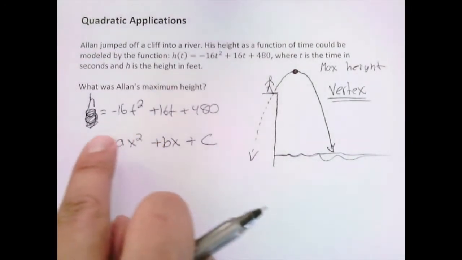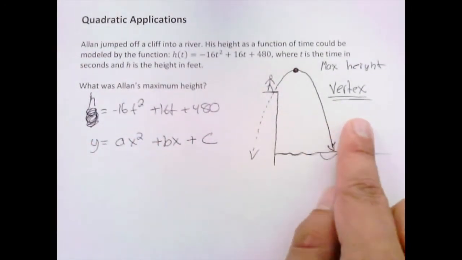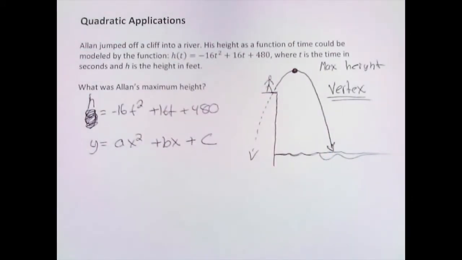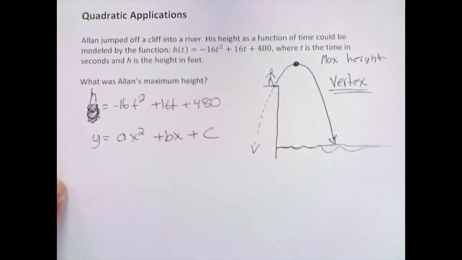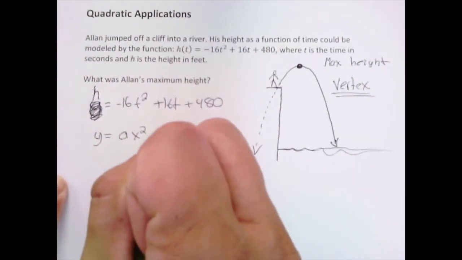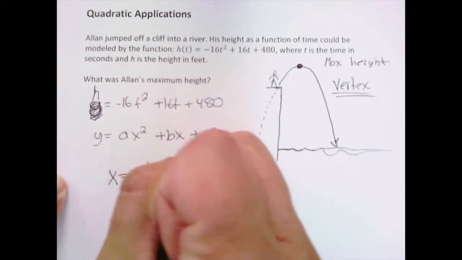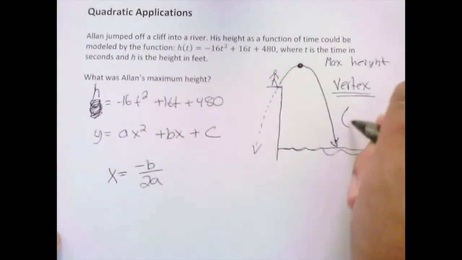So in standard form, we have to find the vertex. We have to think back on what are ways that we can find the vertex in standard form. How we discovered that is we use x equals negative b over 2a. This will help you start getting the x value of the vertex.